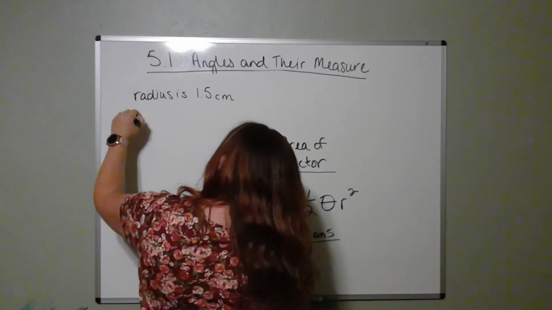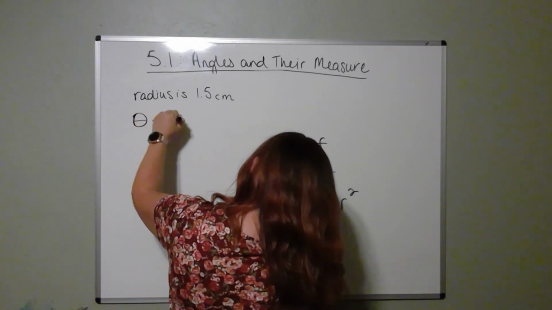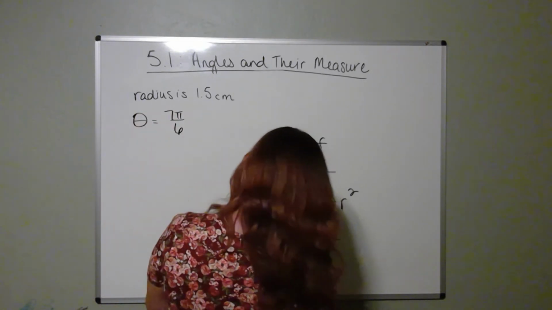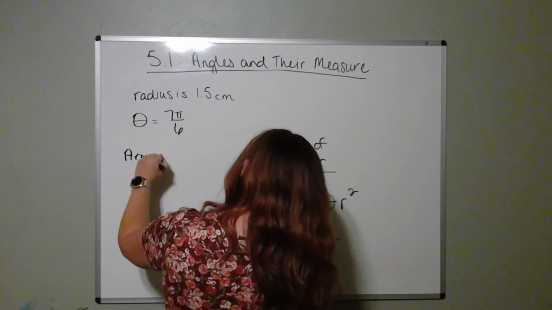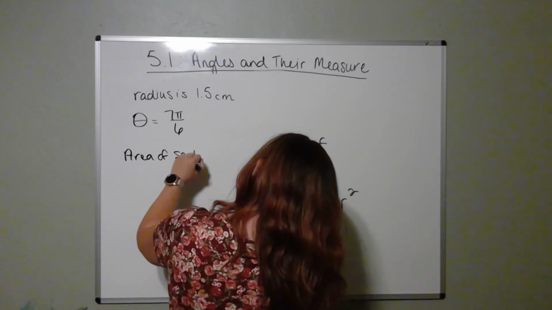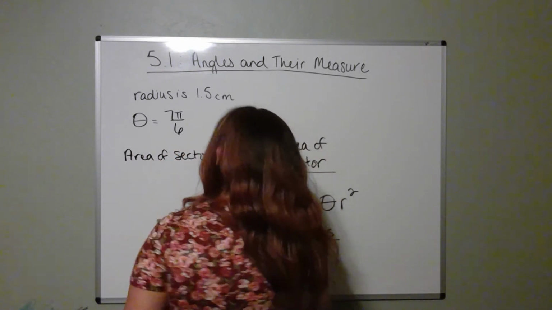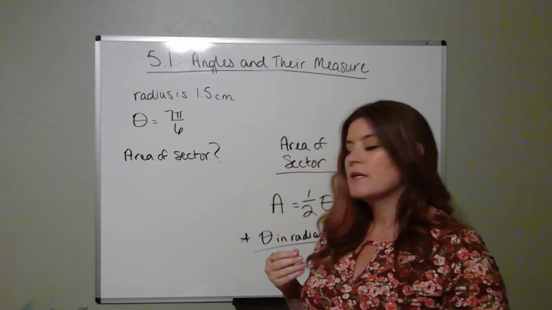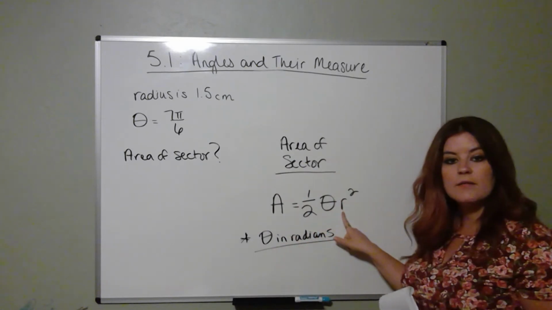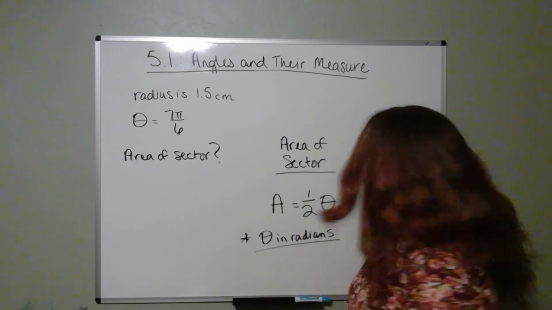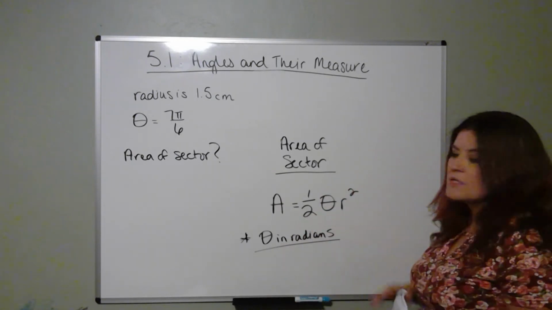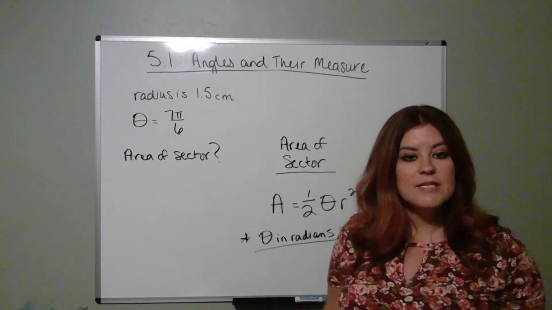I also know that theta is 7 pi over 6, and I want to know the area of the sector. For the area of the sector, I need R, the radius, and I need theta. 1/2 is 1/2 all day long. So I just need theta and R. I need to make sure theta is in radians. So do I have this information now?